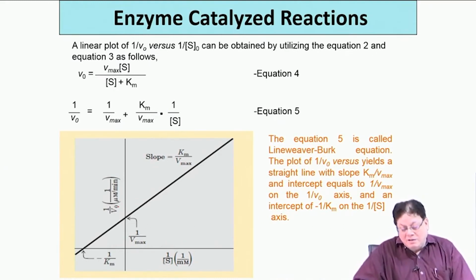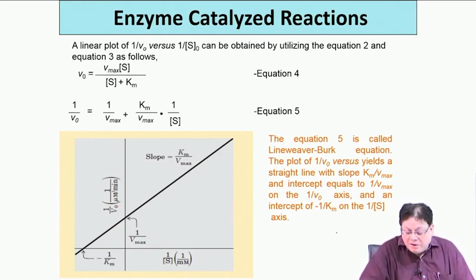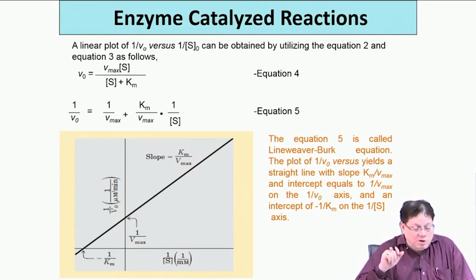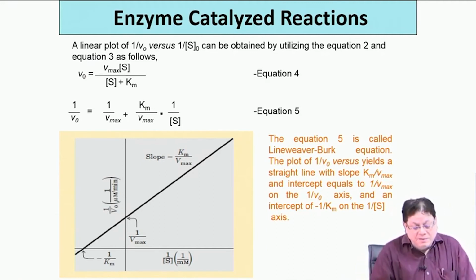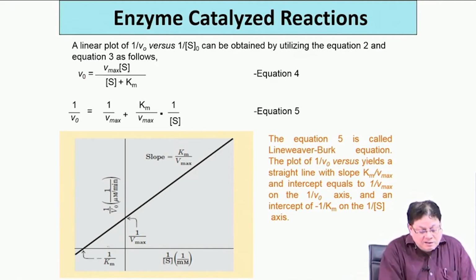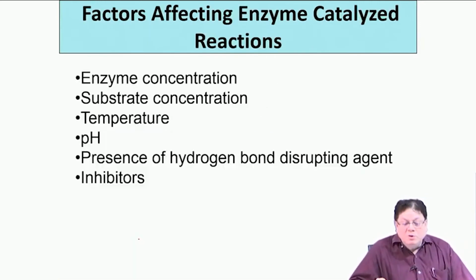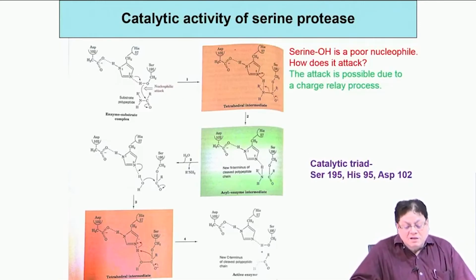At the initial rate, the line remains a straight line. If you take very quick data points in the very beginning, say 1 minute, 2 minutes, 3 minutes, you get that straight line and then you extrapolate and you get the value of V0, the initial velocity. These are the intercepts: minus 1 by Km and 1 by Vmax.